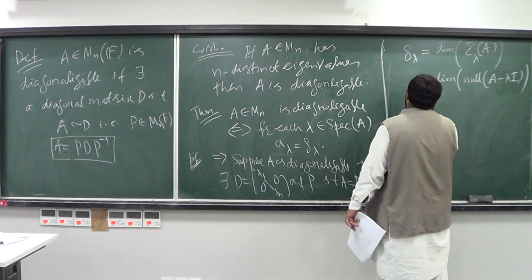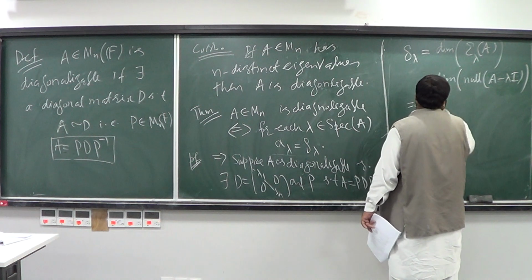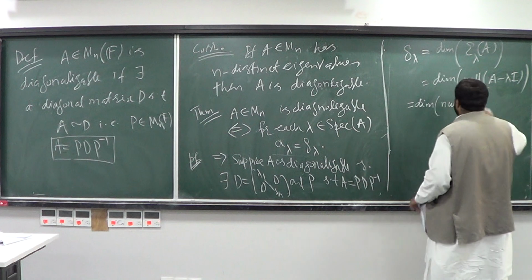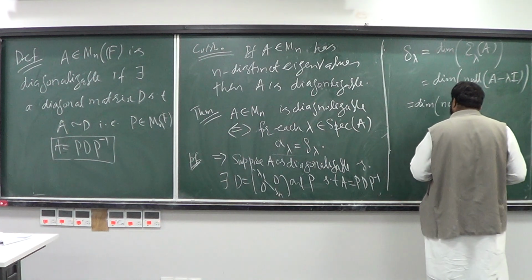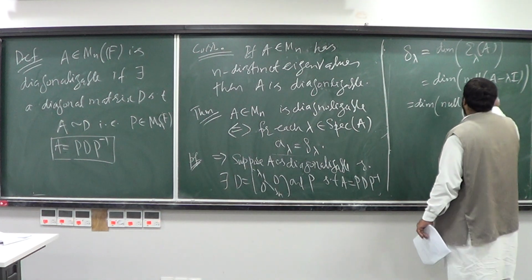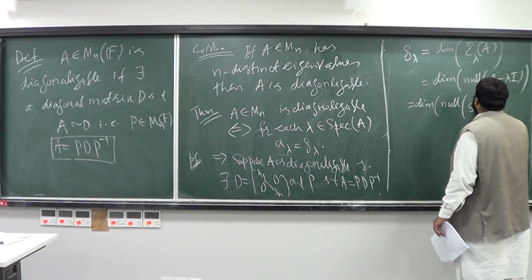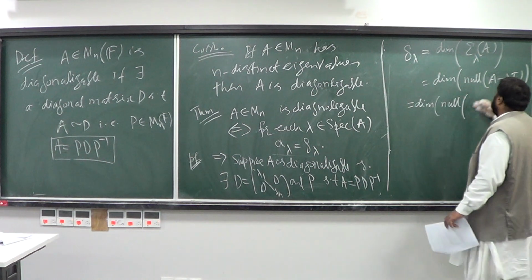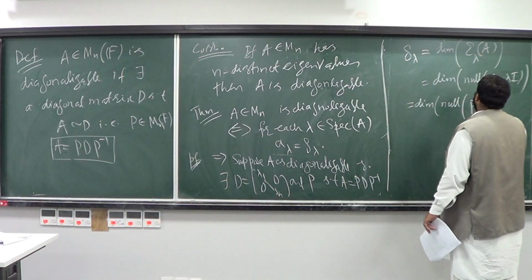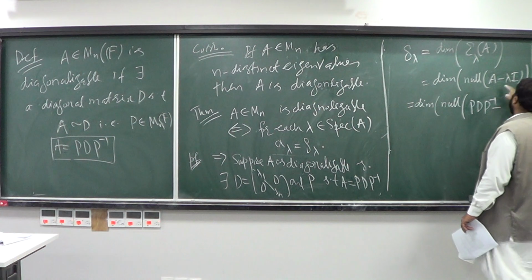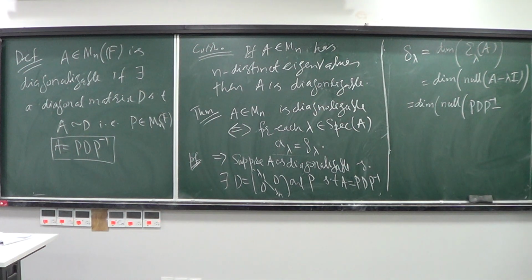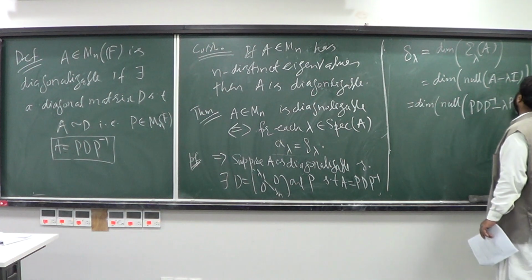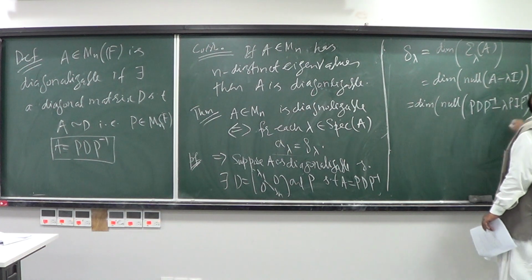Now, I can do an interesting thing. Since A can be written as P D P inverse, if I write lambda I as lambda P I P inverse, nothing would change.